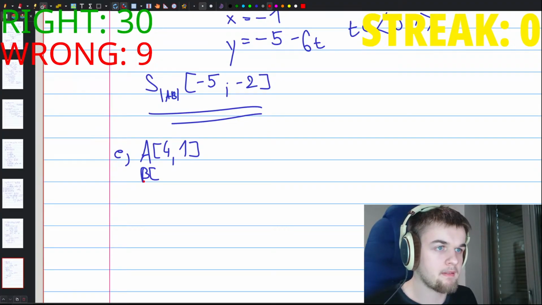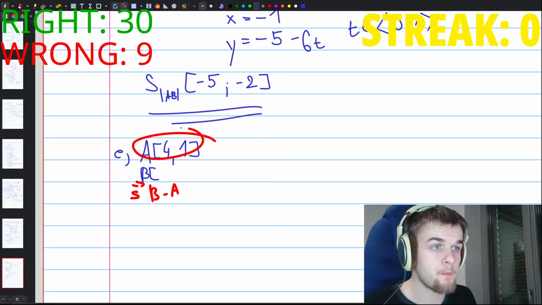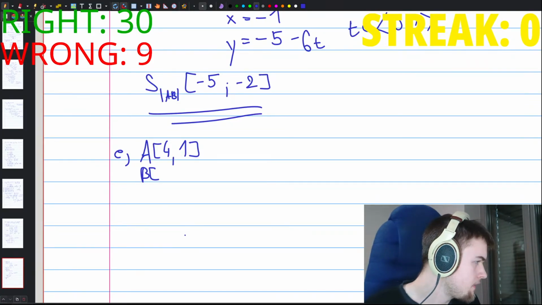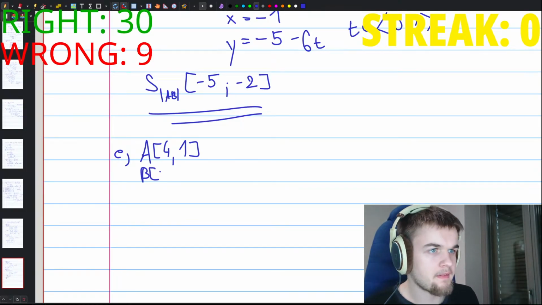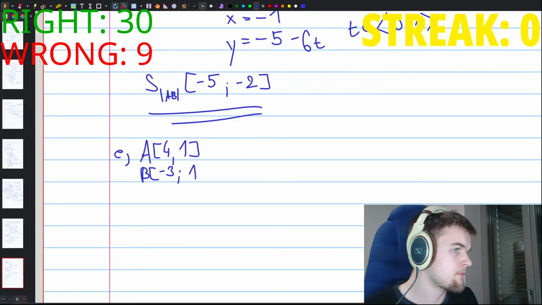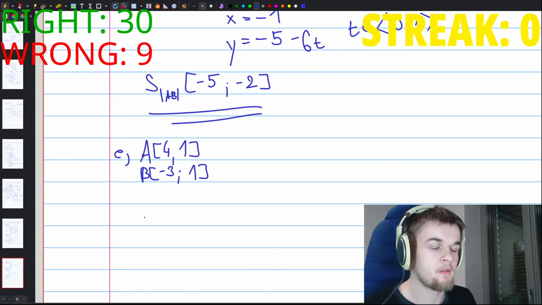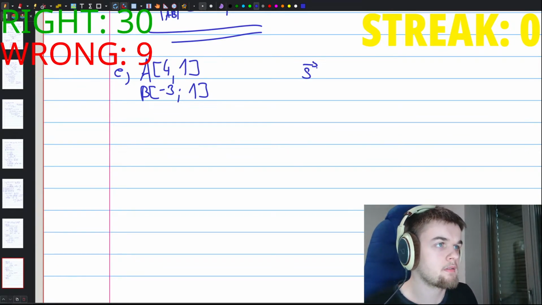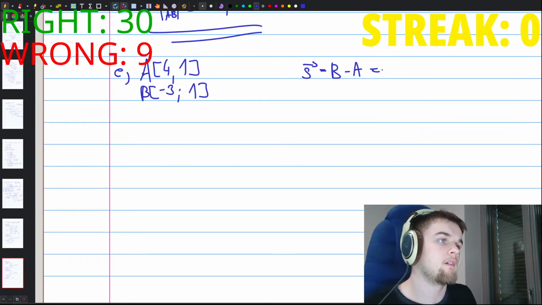Okay, so I have to keep in mind that if I do the directional vector like this, then I have to plug in this point. Otherwise, it's messed up. Minus 3, 1. So the directional vector is this.